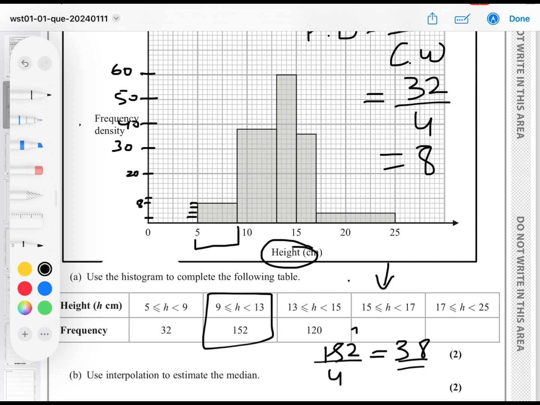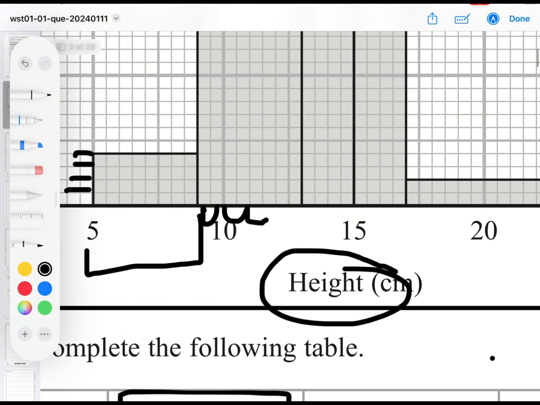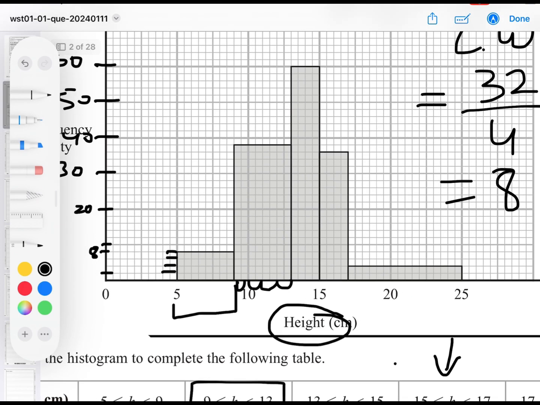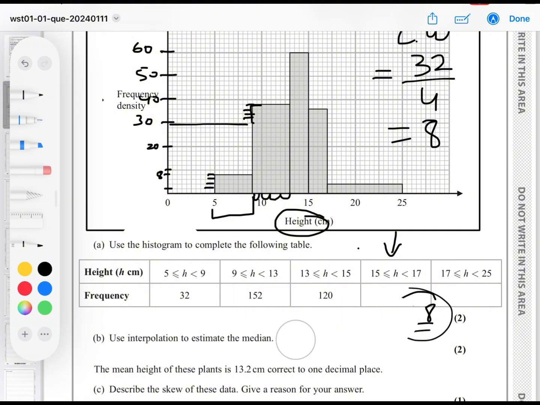Let us check this one, 9 till 13: this is 9, 10, 11, 12 and 13. Now we have 4 boxes here, 1 2 3 and 4. So 30 and then 38. Bingo, there you go. Now we got the y-axis scale.